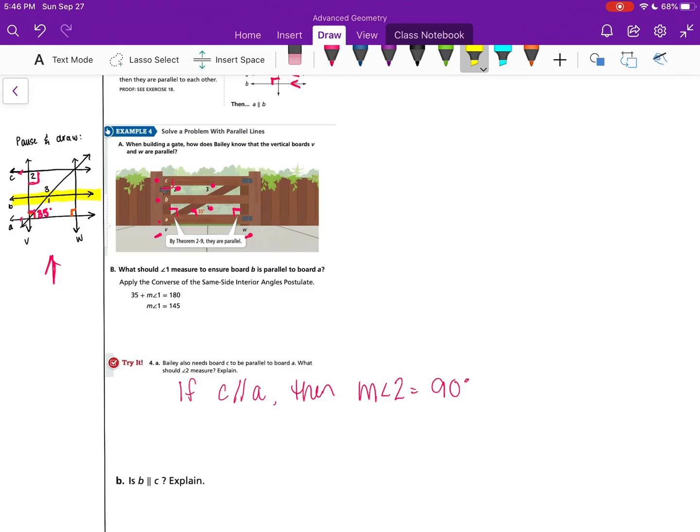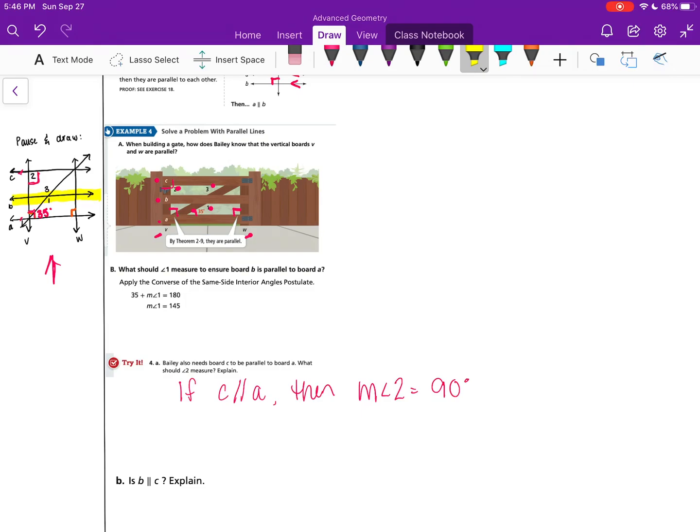We don't actually know anything about it. We don't know anything about angle 1 or angle 3. So from the information that we're given, can we say anything for sure about B being parallel to C?